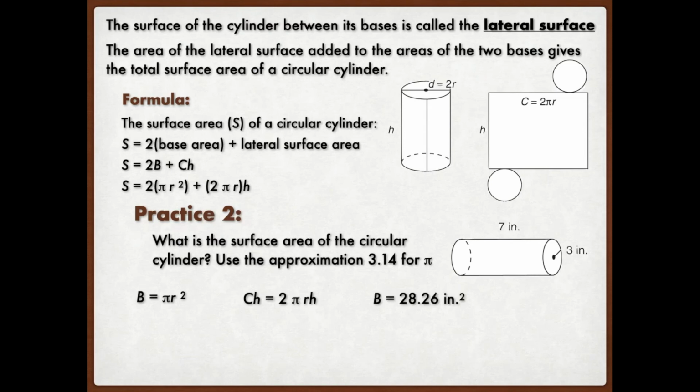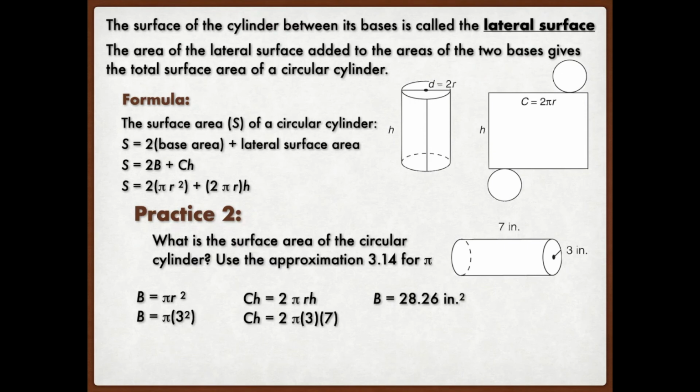So the base is going to be 28.26 inches squared. And how did we get that? We multiplied 3.14 times 3 squared. 3 squared is 9. So 3.14 times 9 is 28.26 inches squared.